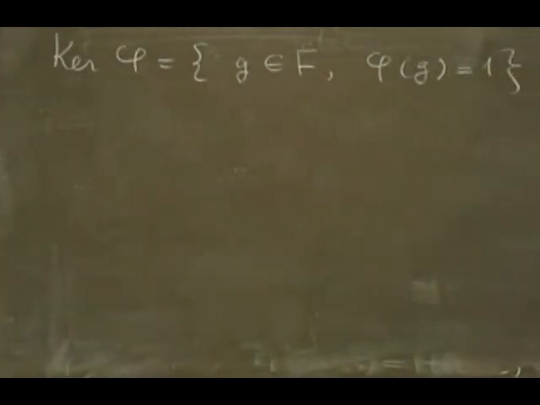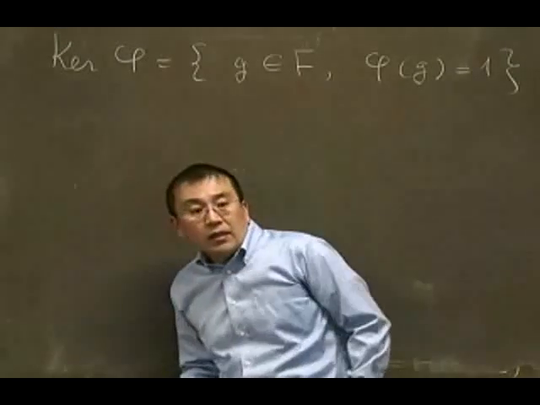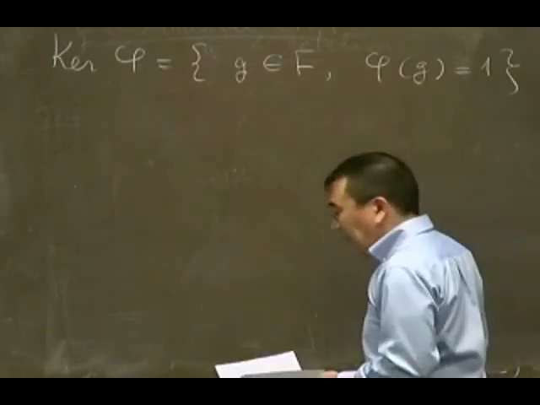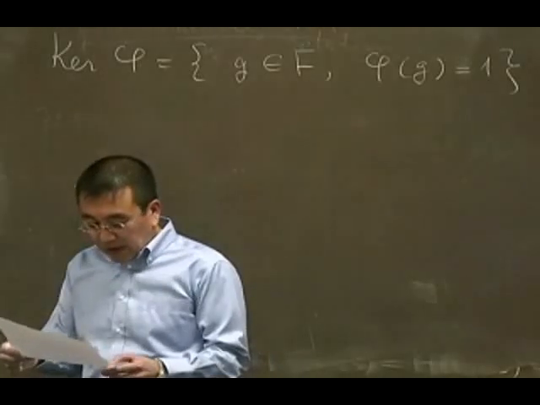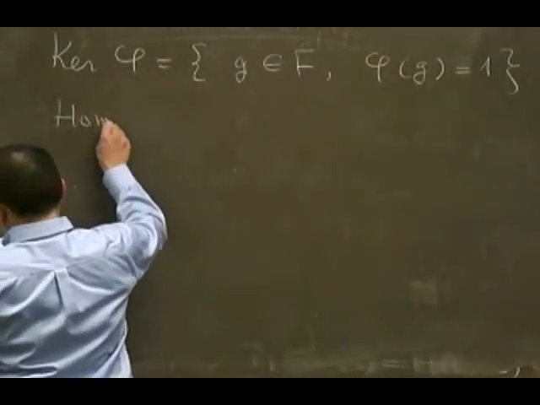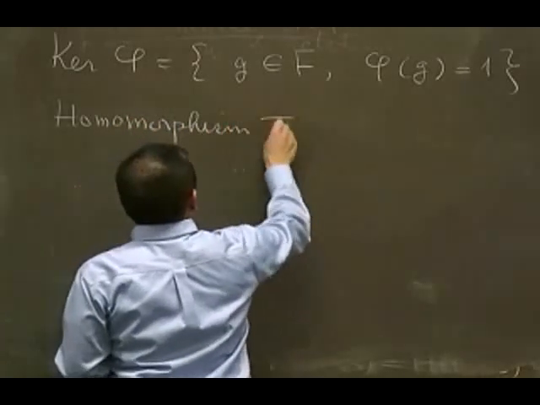Now, here is the part that I cannot give you the proof of, because this is a basic theorem and the proof requires maybe half an hour or so. That's something that you must have learned in a group theory course if you have taken one. That is the homomorphism theorem.